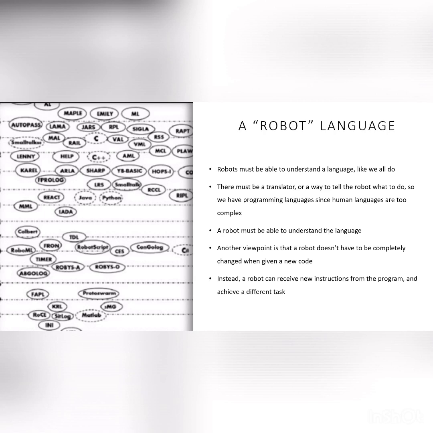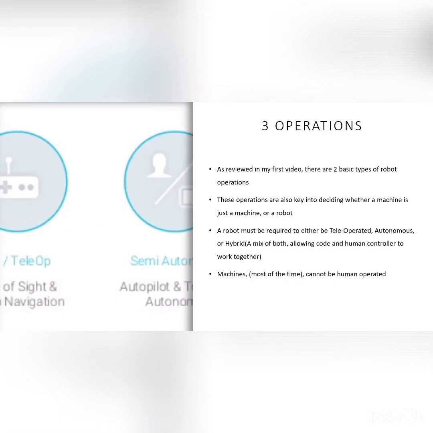So if you want the machine to stack it sideways instead, you're going to have to change the whole robot because it doesn't have the ability to change how it's stacked. So this is probably one of the most important criteria.